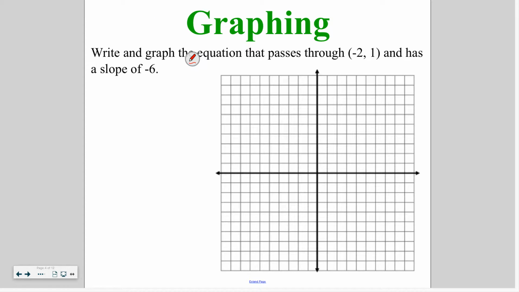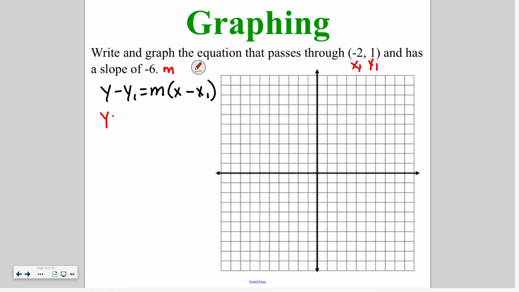So, for example, our first problem here, we're going to write and graph the equation that passes through the point negative 2, 1 and has a slope of negative 6. Again, a reminder that that equation was y minus y1 is equal to m parentheses x minus x1. So I'm going to go ahead and label this x1, y1, and my slope is m. So now I'm going to go ahead and plug in my information.